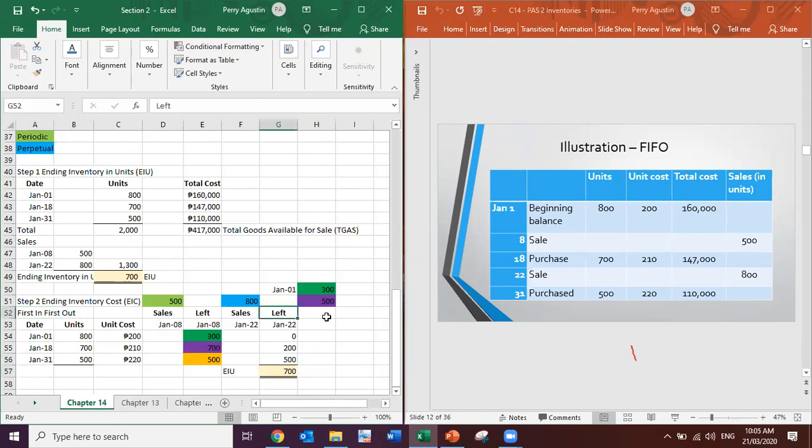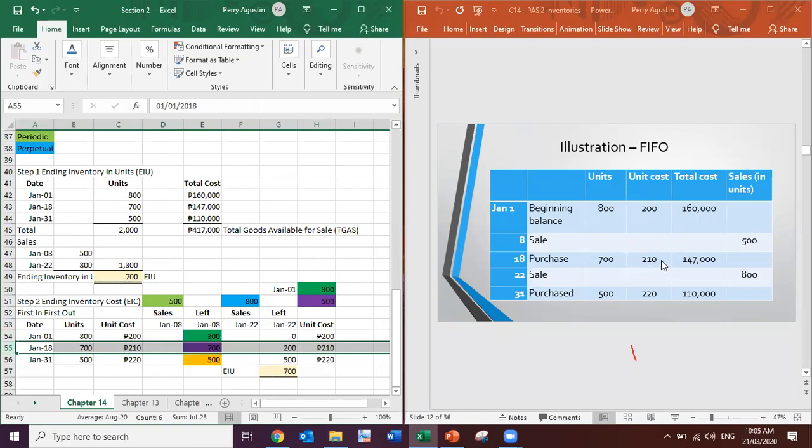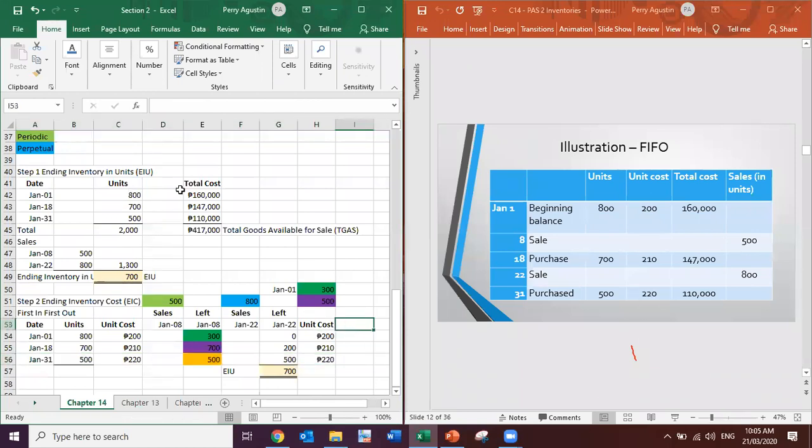So therefore, the first thing that we have to do is to get all the unit cost. All right? Kinuha ko lang yung unit cost. Unit cost for January 1. For January 1, how much is the unit cost? 200 pesos. For January 18, how much is the unit cost? 210. For January 31, how much is the unit cost? 220. Then we have to get our total cost.